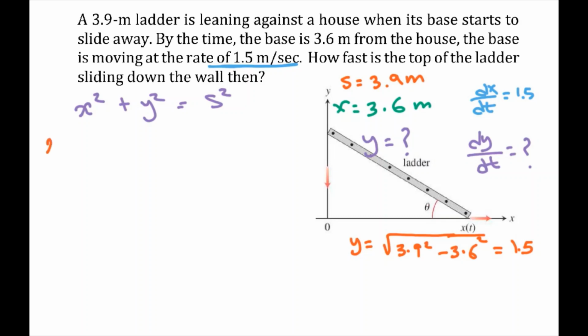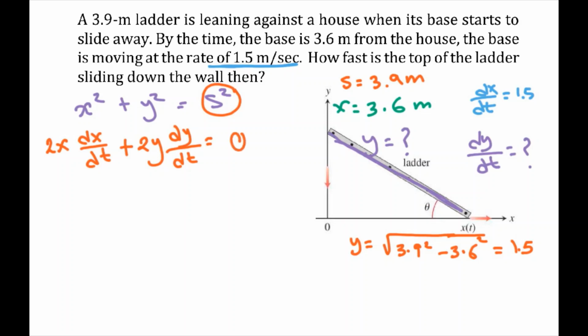So this is going to be 2x dx over dt plus 2y dy over dt. And now, as I told you, s is a constant. It's the length of the ladder, and the length of the ladder will never change, so this is equal to 0. So the derivative of any constant, which is 3.9 squared, is 0.